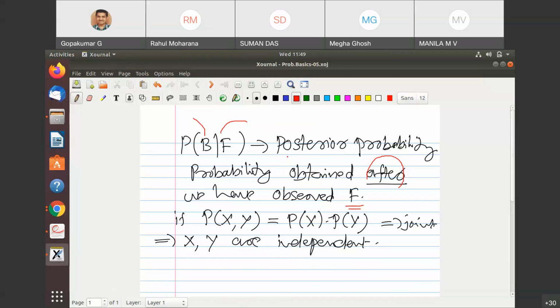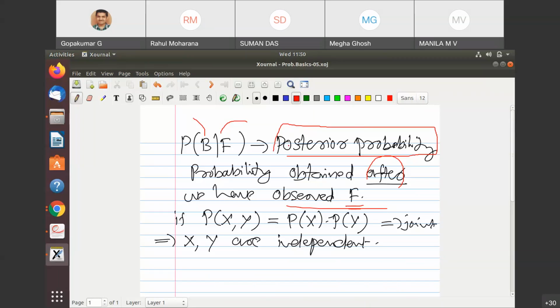That is called a posterior probability. It comes after we have observed a particular value for a particular random variable. We will apply this in detail in the coming discussions, but these are two important terms that we have to always keep in mind.